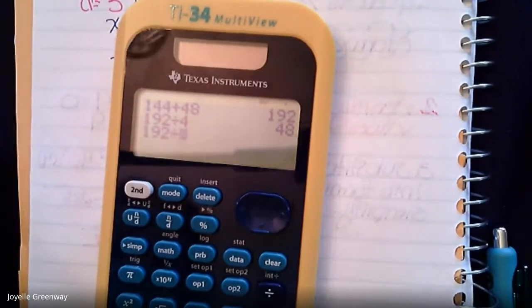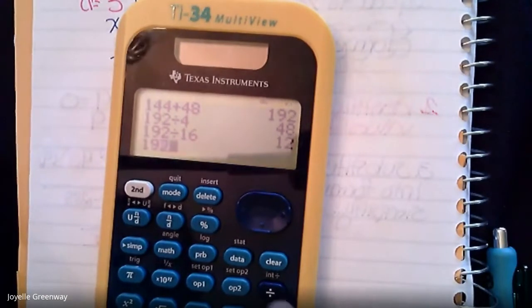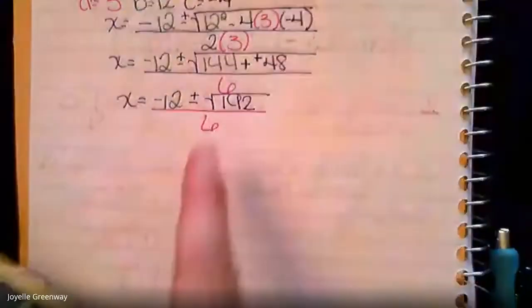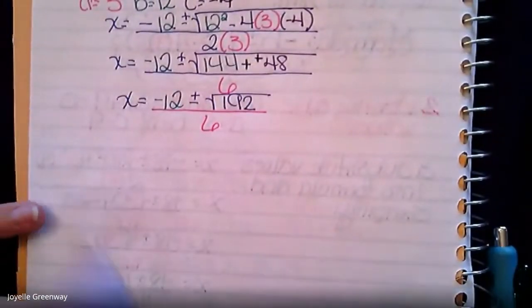So 192 divided by 16 is 12. Well, there's another perfect square in 12. It's another 4. So I'm going to try 192 divided by 64, and I get 3. So 64 is my biggest perfect square in 192. So I need to take out my biggest perfect square.